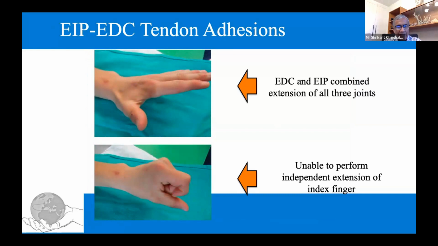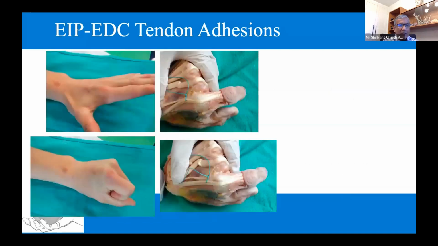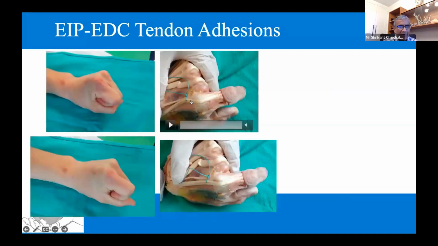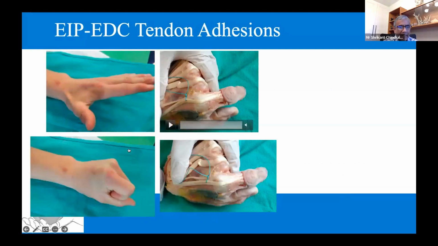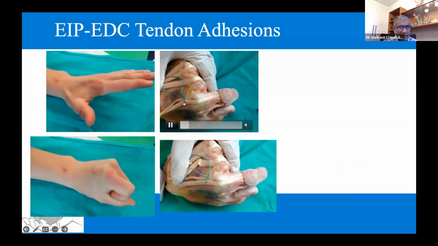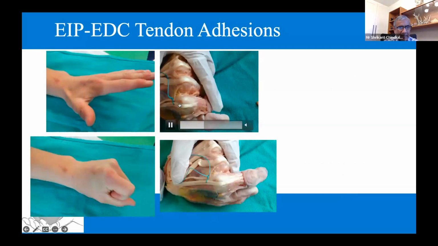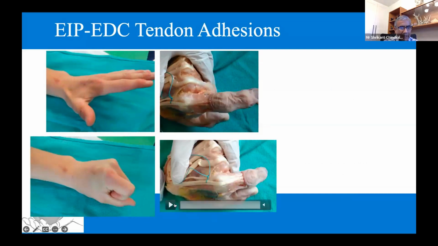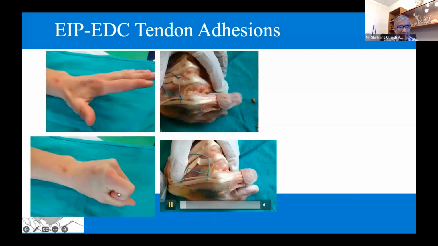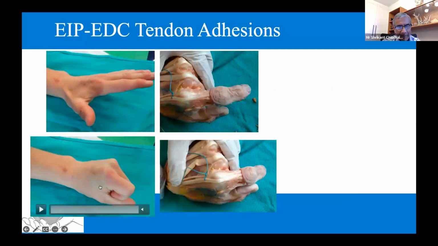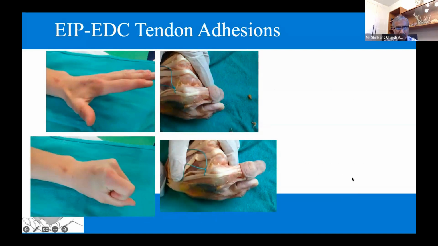So this is one of my patients who was dissatisfied with his results because he couldn't extend his index finger independently when the adjacent fingers were flexed. So we went back to our biomechanics lab, we sutured the tendon, and we identified that because both these tendons were stuck together, upon pulling on extensor indicis proprius, the extension of the MP joint was incomplete, as you can see right here, and we could simulate exactly the same situation as the patient demonstrated clinically.